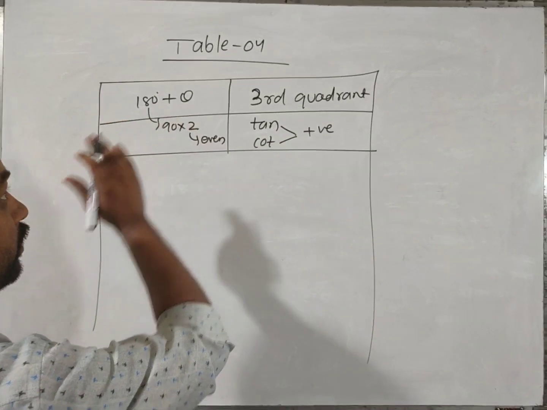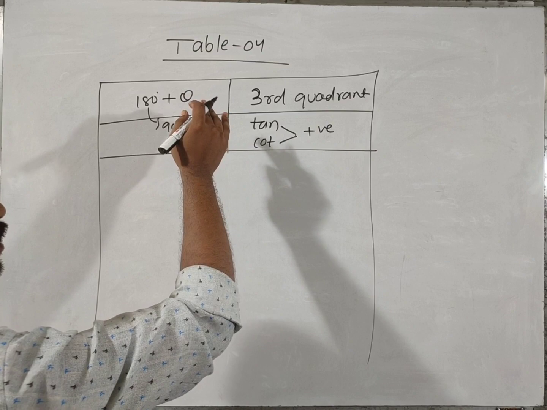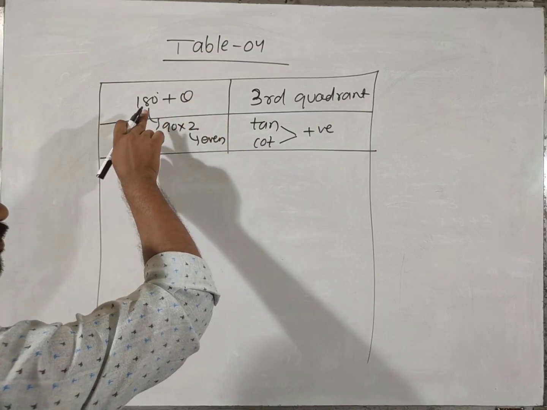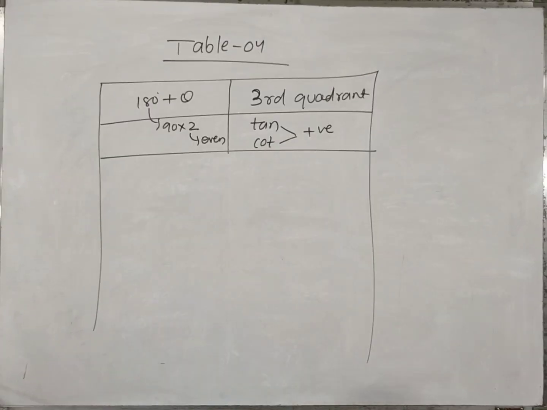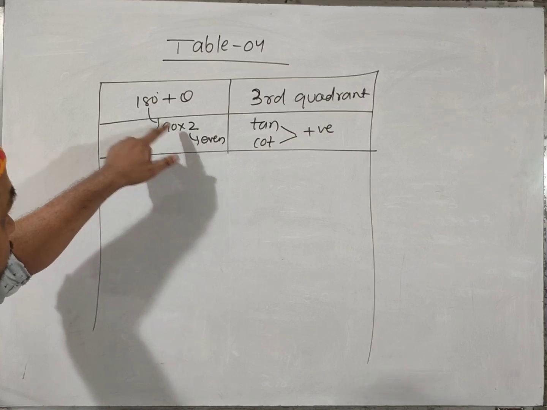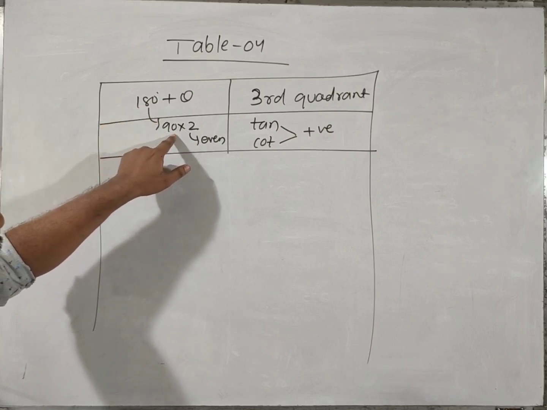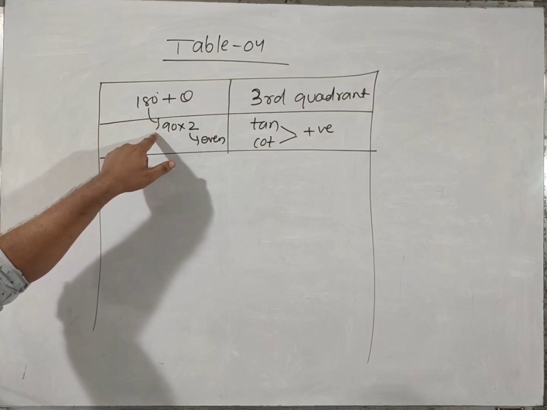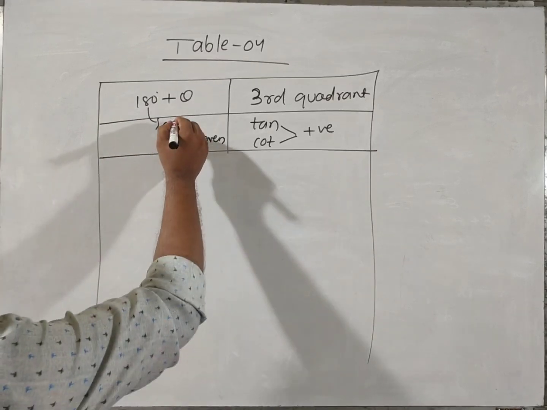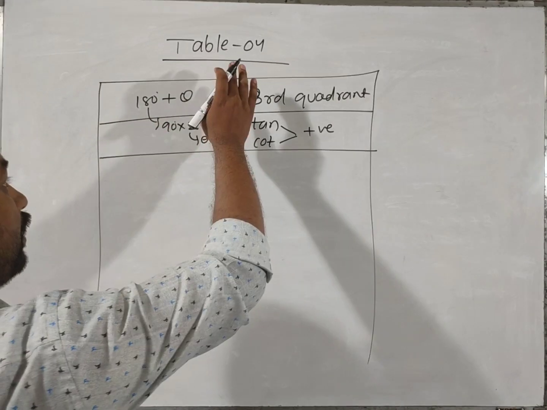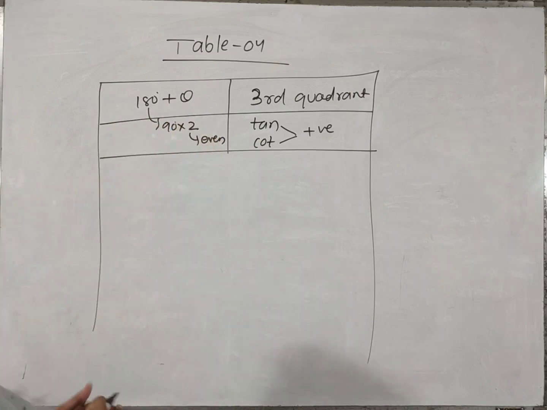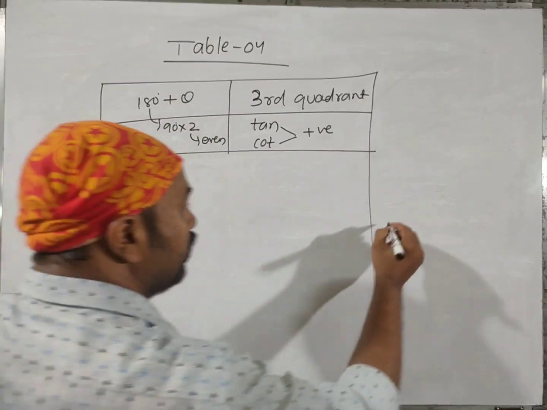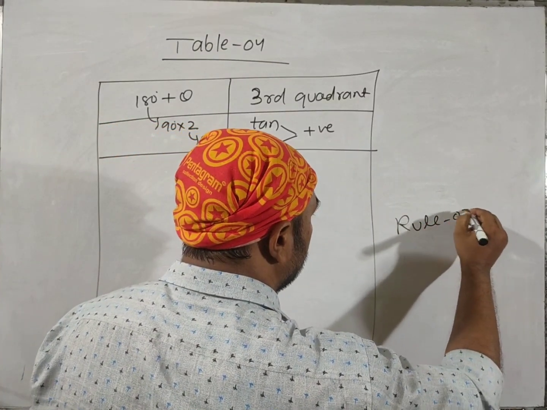Then let us discuss about the table number 4, and here the angles are related to the form 180 degree plus theta, and these are associated with the even multiple of 90 degree, because 180 degree can be expressed in the form of 90 degree into 2, and here 2 is an even number. As these angles are associated with the even multiple of 90 degree, so here rule number 2 is applied.